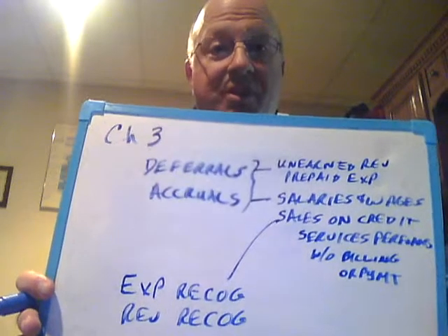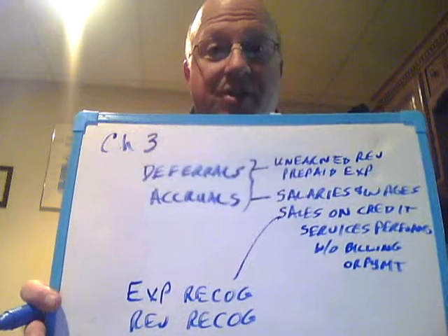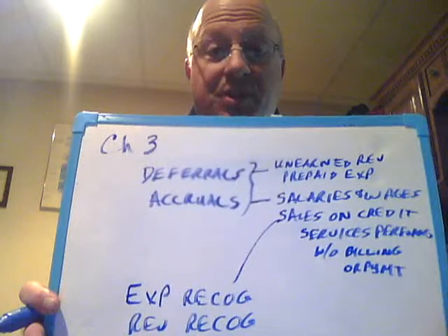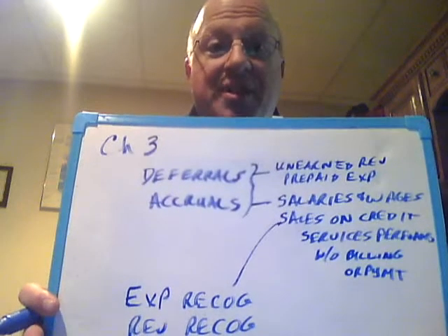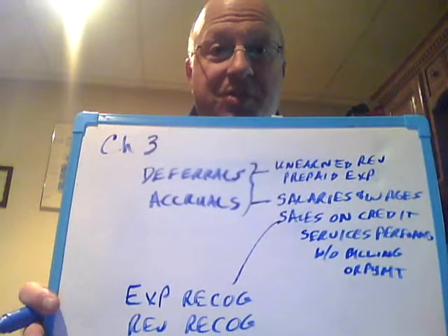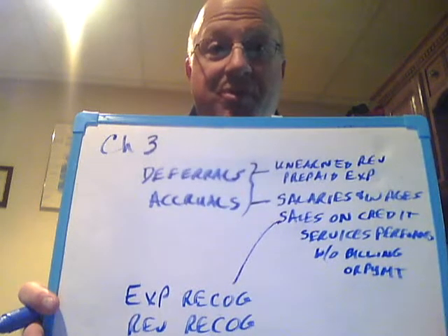So that's why when we say we're on accrual basis accounting versus cash basis accounting, that's really the essence of it. And only accrual basis accounting is in conformance with generally accepted accounting principles, or GAAP.